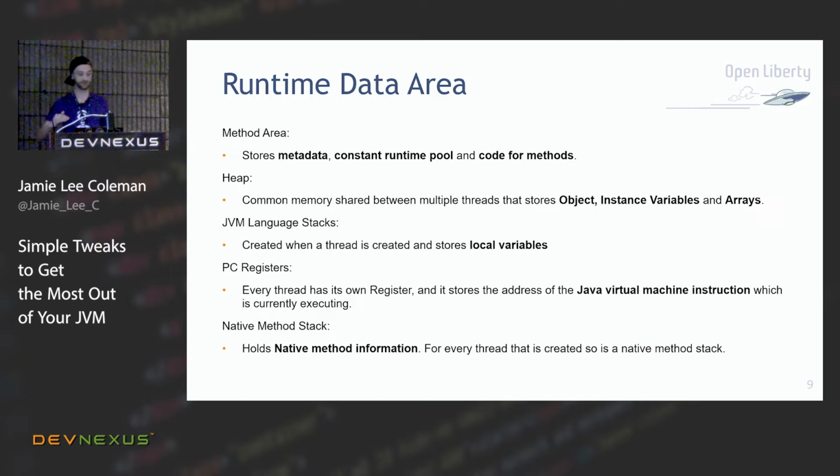Then we go to the JVM language stack, which is created when a thread is created, and that stores local variables. Then you go down to the PC registers, and every thread has its own register, essentially, and this stores the address of the Java virtual machine instructions which is currently being executed. Then, lastly, we have the native method stack, and this holds native method information. So for every thread that's created, a new native method stack is created.